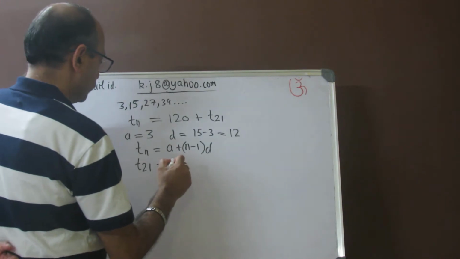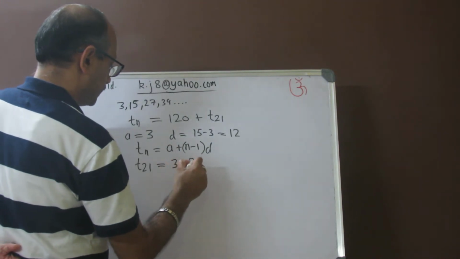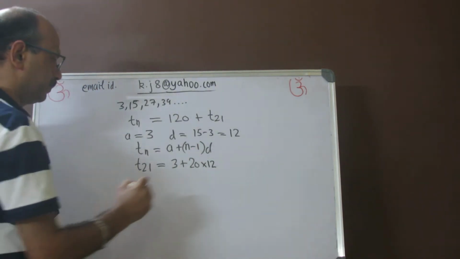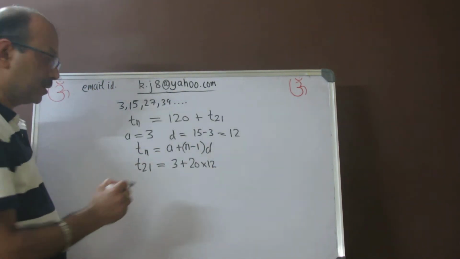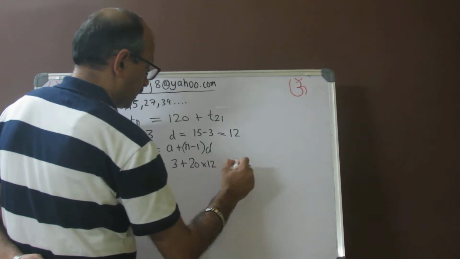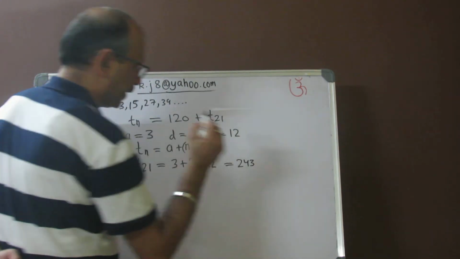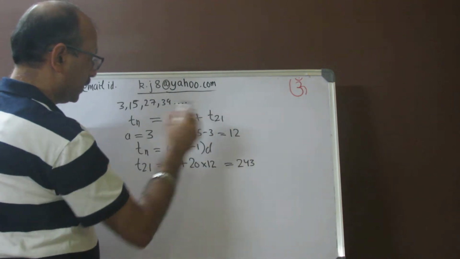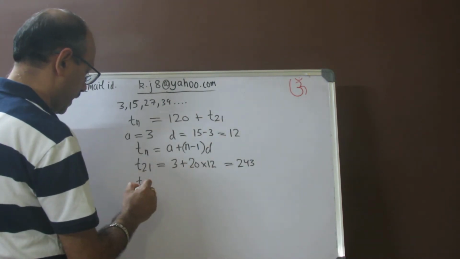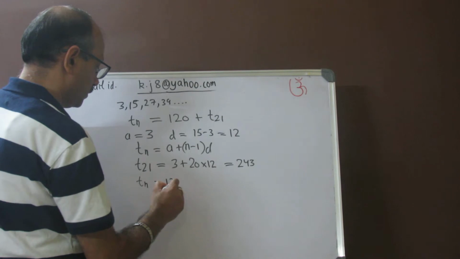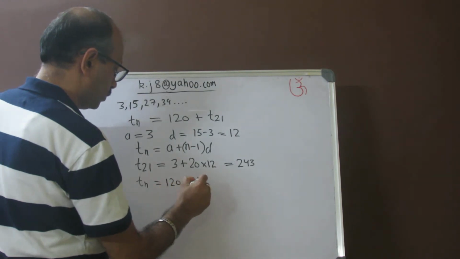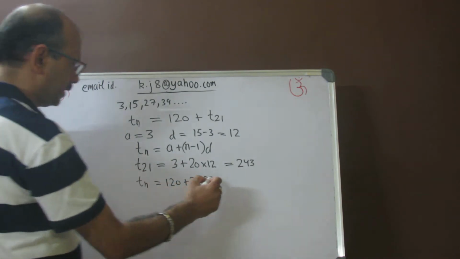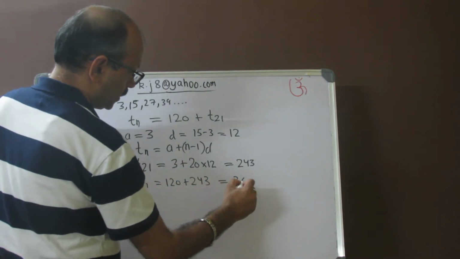That would be 3 plus 20 into 12. 12 into 20 is 240, and 3 gives us 243. Now the term which we need to find is 120 more than this. So Tn equals 120 plus 243. So 100, 200, 300, 363.